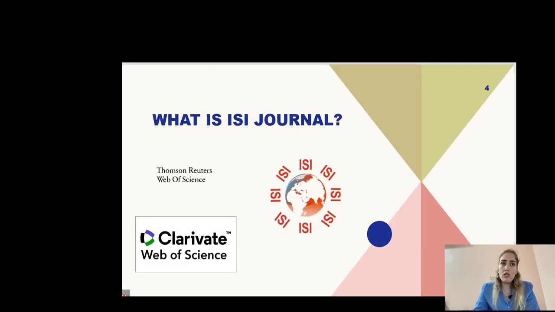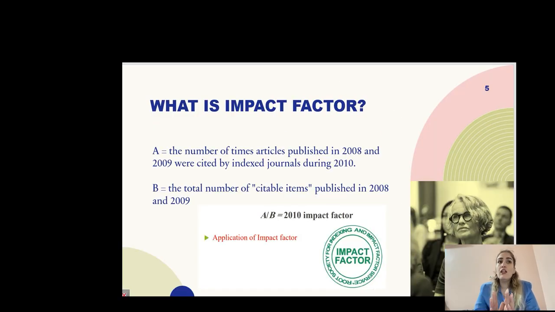First, what is an ISI journal? We call journals that are indexed in Thomson Reuters, which we know as Web of Science, ISI journals. ISI journals are the highest level of journals in this world.